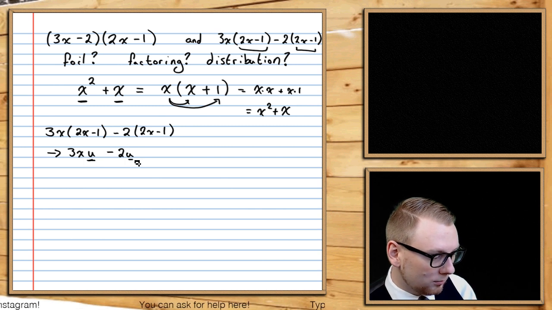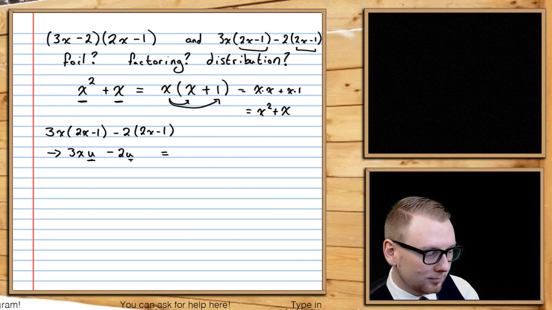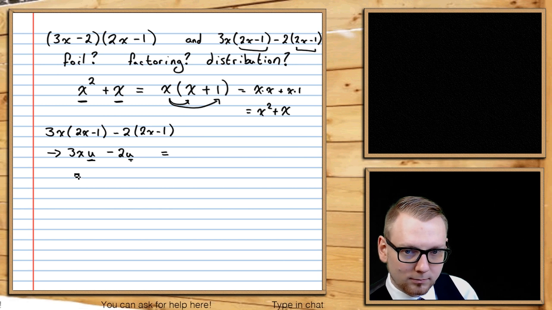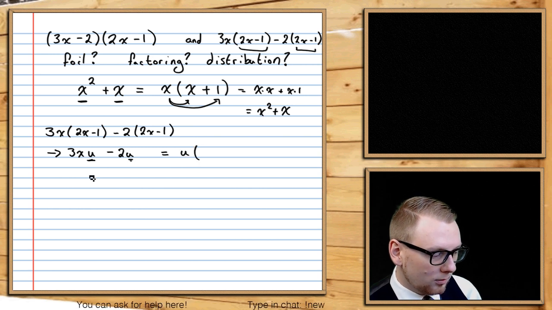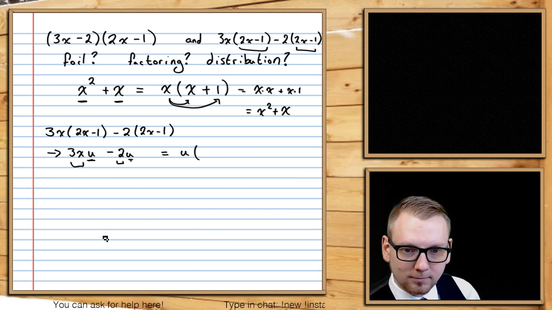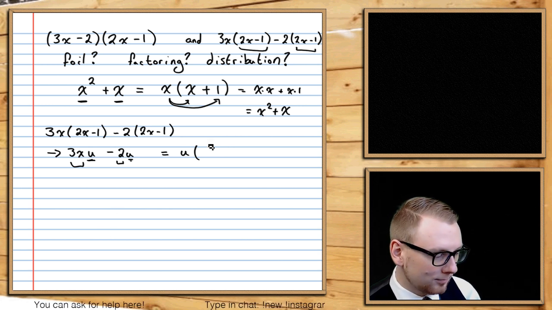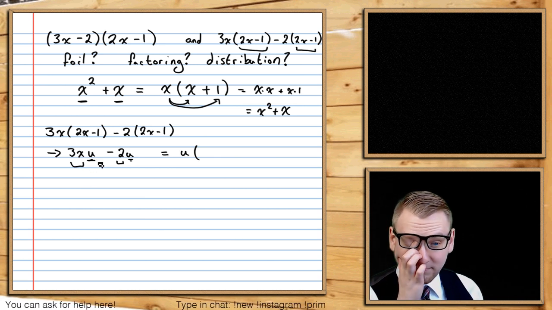Just the u. So if you take out the u, you see that there was a 3x here and a 2 here. Yeah, I'll wait for you to write it out.